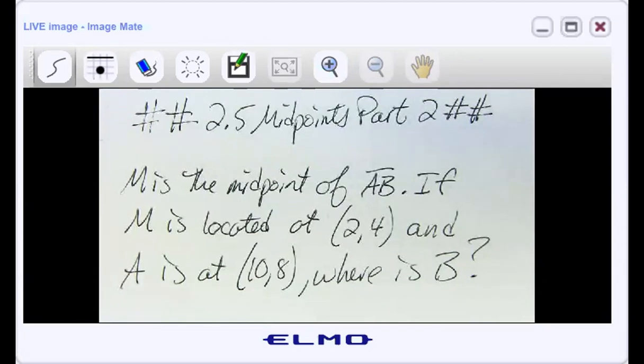I'm going to give you a minute to see if you can come up with a way to answer this. Try it.